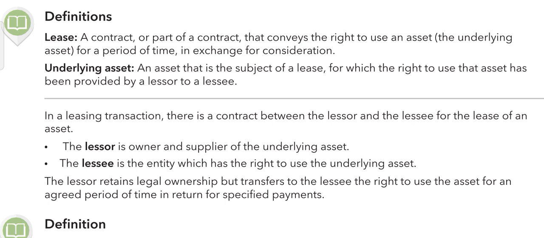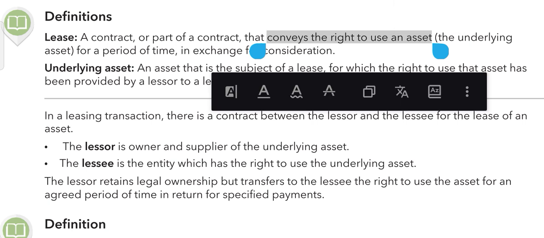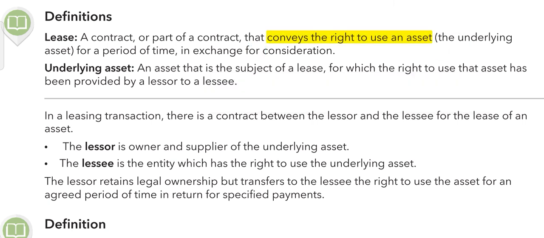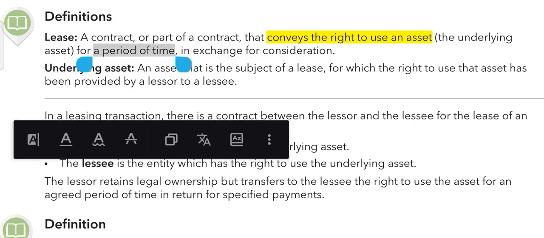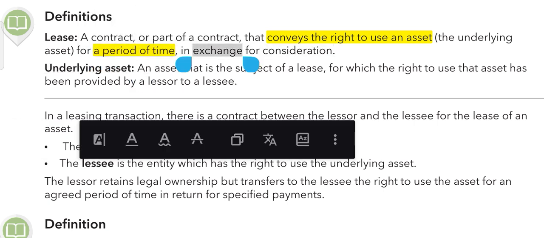After discussing all of the topics, we get the 2 or 3 main important points of a lease. The lessee gets the right to use the asset for a period of time, or an agreed number of years, in exchange for consideration.